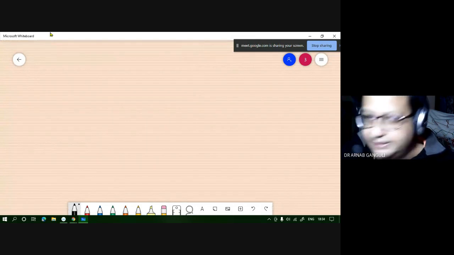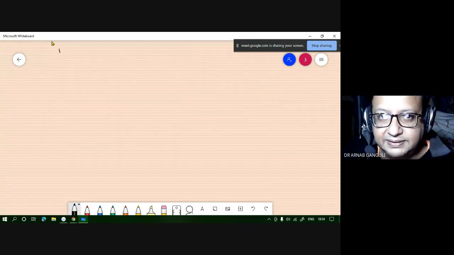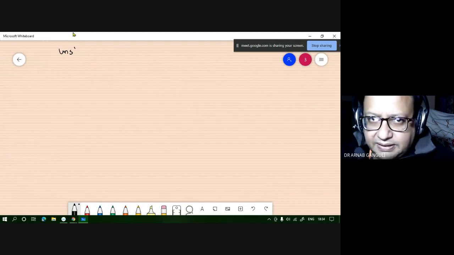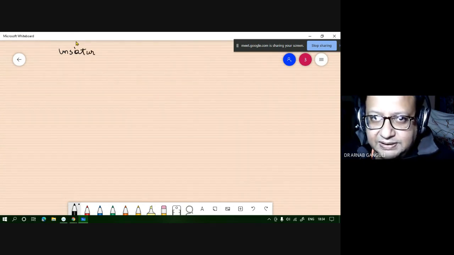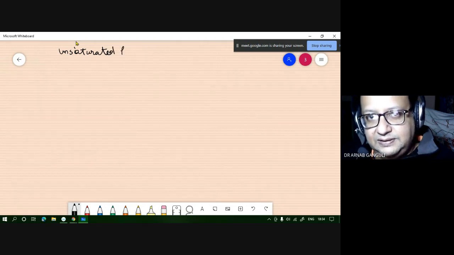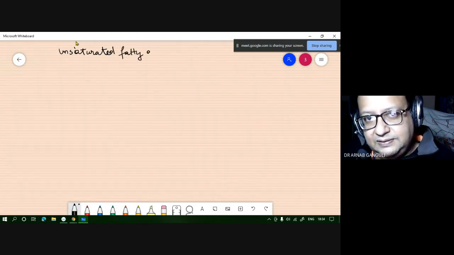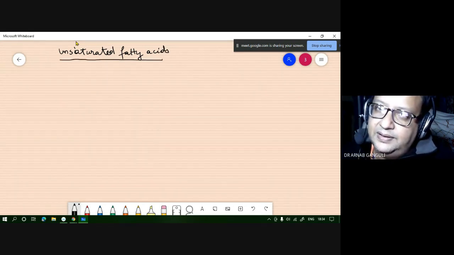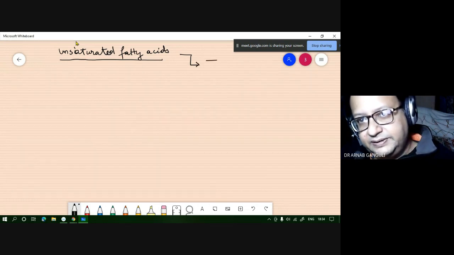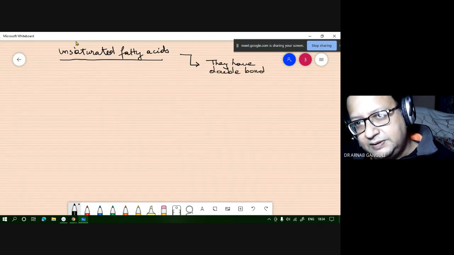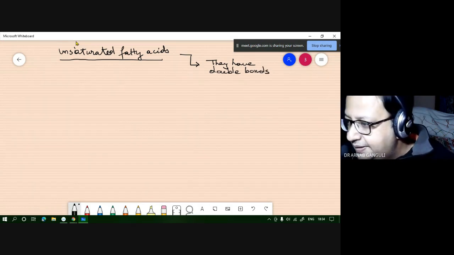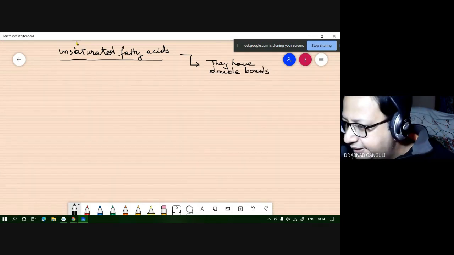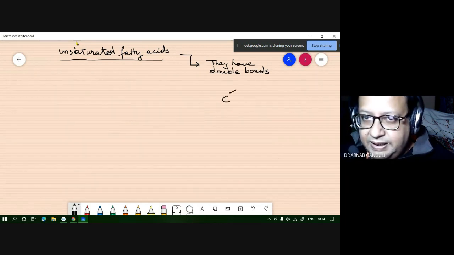Unsaturated fatty acid means that they have double bonds. So let us draw a fatty acid.